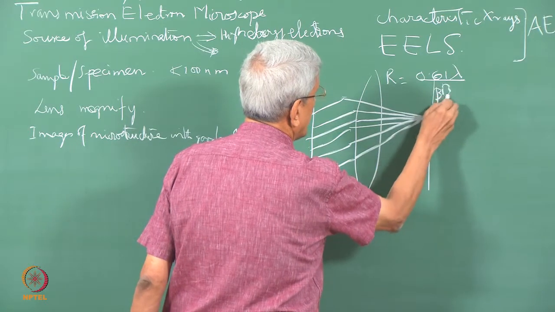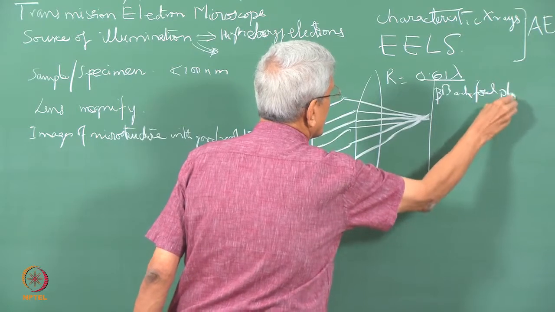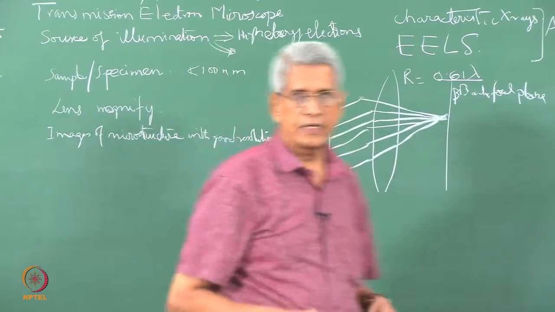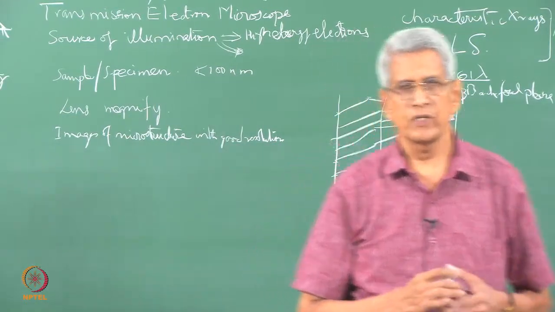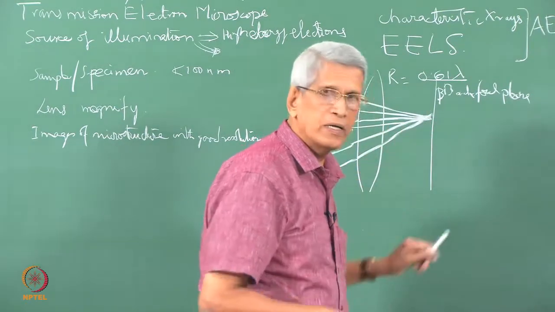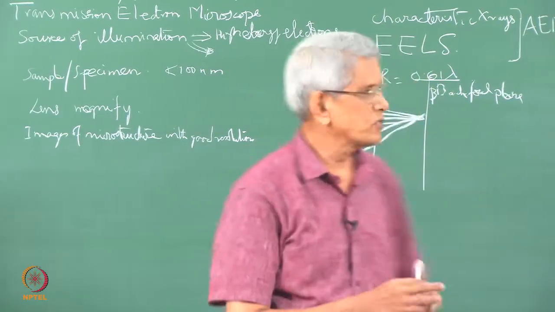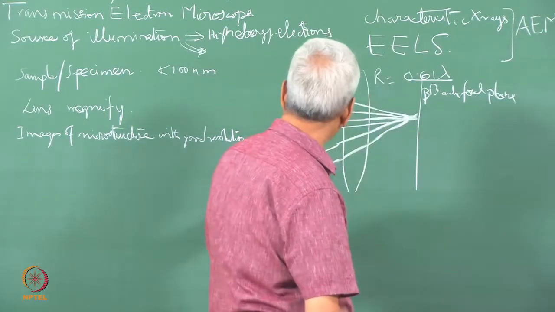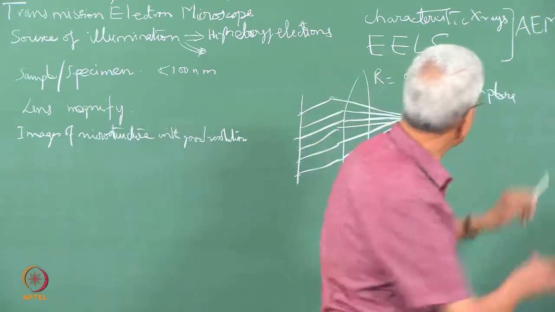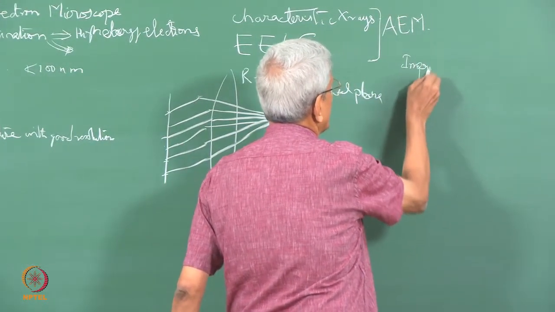This is called the back focal plane. In the back focal plane, we get information about the rays scattered in different directions, brought to focus. This is nothing but the diffraction pattern, the Fourier information of that object available in the back focal plane. Then another Fourier transform takes place, and in the image plane you get the image of the sample.